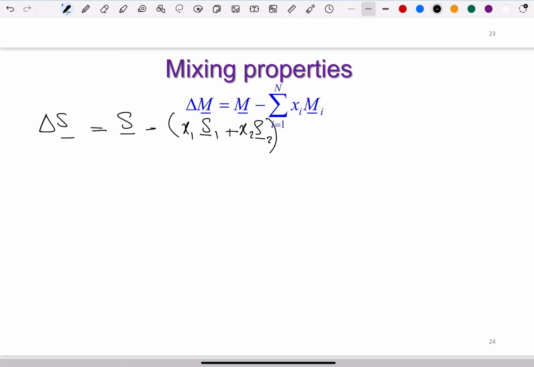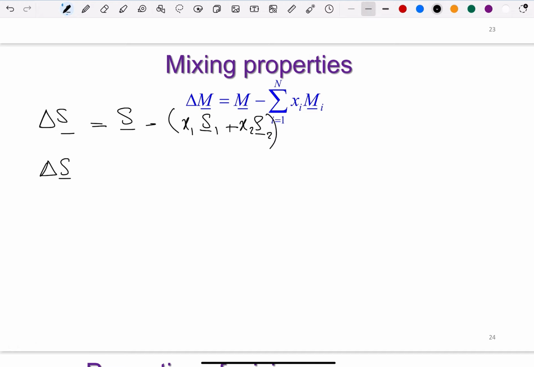So do you see now the difference here? That's very important. It shows the difference between the initial condition where things were separate from each other, two pure components, and when they are mixed. So if I ask you what is delta S ideal, can you tell me what is that?